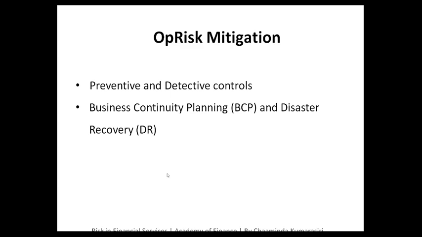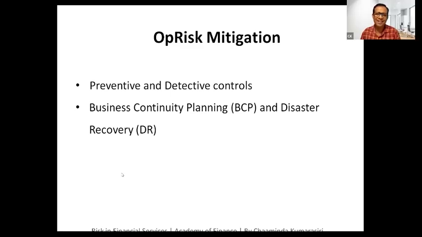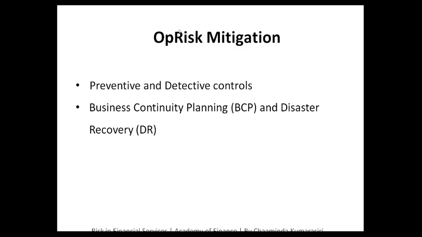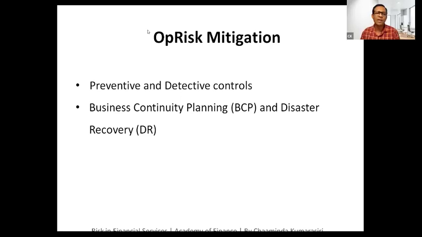It is a contingency plan. Sorry? When any disaster is happening, prior to the disaster happening, there is some sort of a plan to prepare to face that disaster. That is DR, disaster recovery.